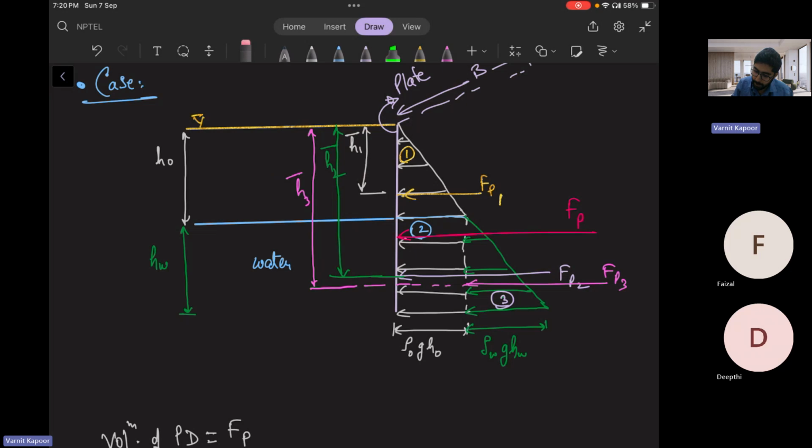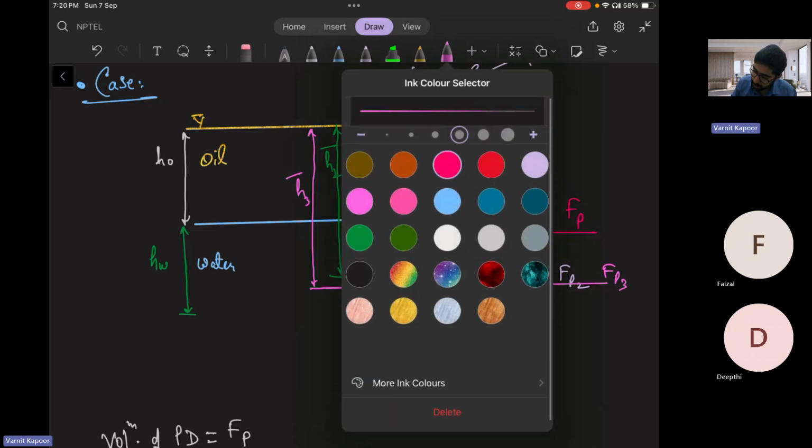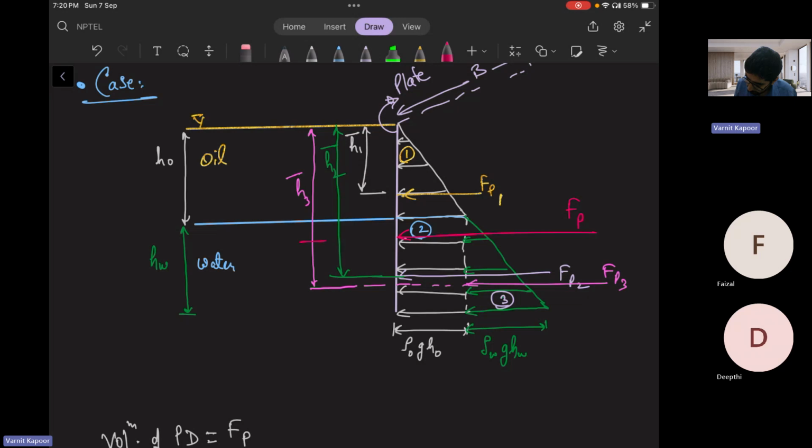Okay. Write oil, water here. And what will be H bar? That will be here. This is your H.